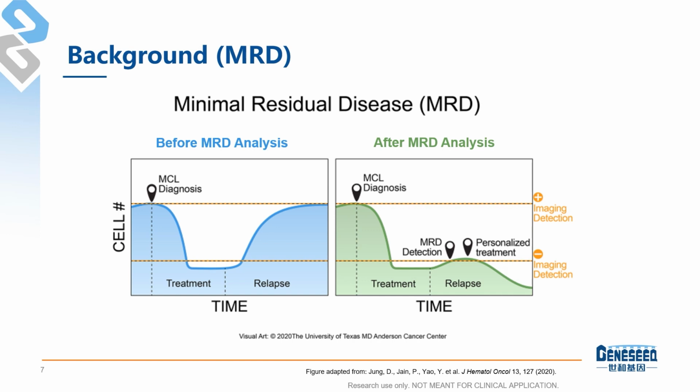What we're trying to achieve with MRD analysis is to lower that threshold of detection to a point in which we can detect that potential of recurrence earlier than what normal imaging detection will allow us to do, at which point it would give the physician more time to develop personalized treatments for the individual.